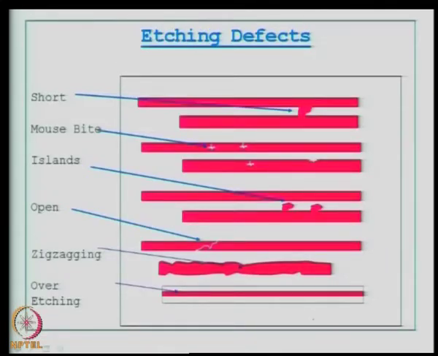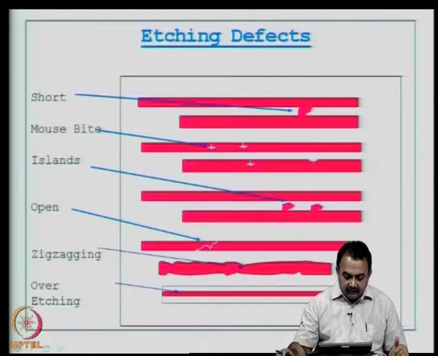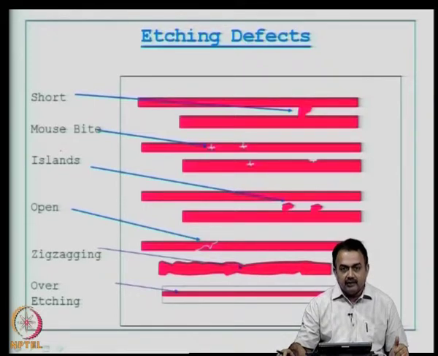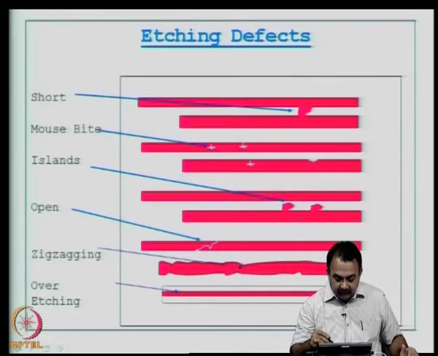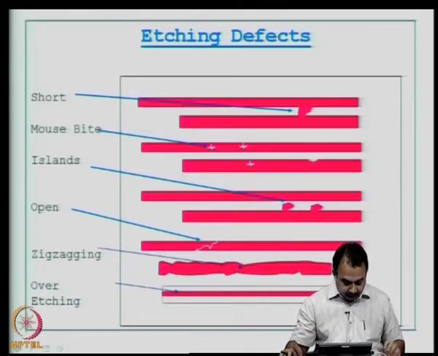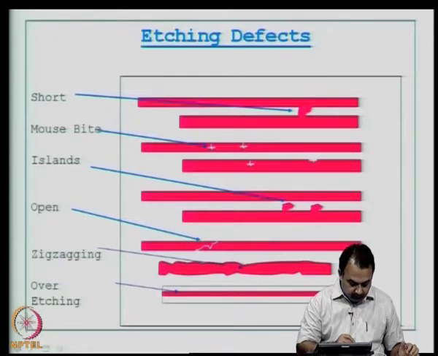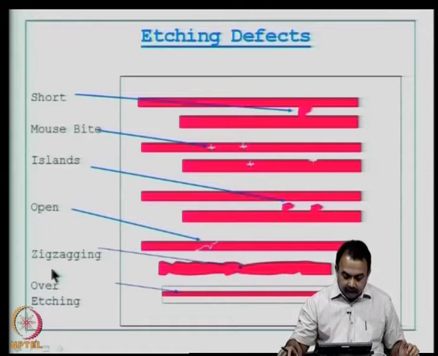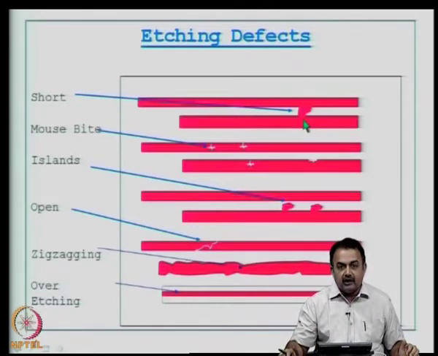This slide will give you some simple illustrations of what kind of etching defects you can see normally in a finished PCB after etching. The first one indicates, for example, a typical electrical short. There are two lines and you can see a short, that is, copper not properly etched.